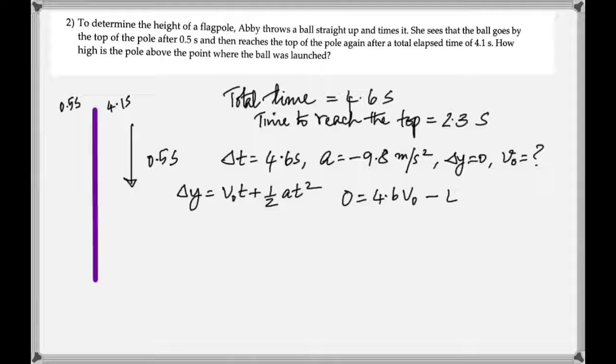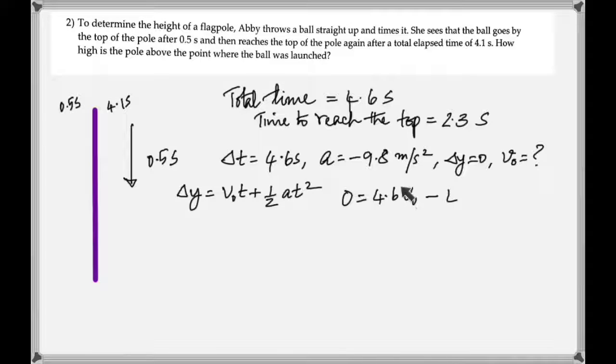Now because when you take the total time as 4.6 seconds, you know that the displacement is 0. Because the object starts from the point and returns back to the same point, the displacement is 0. So delta y is 0.